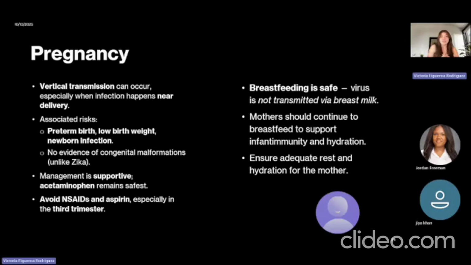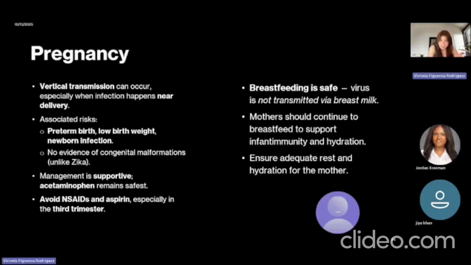The associated risks we can see in pregnant women with this condition are preterm birth, low birth weight, or newborn infection if they get infected near the delivery date. And we are going to see this risk not because of the virus itself, but because of the complications of the virus.